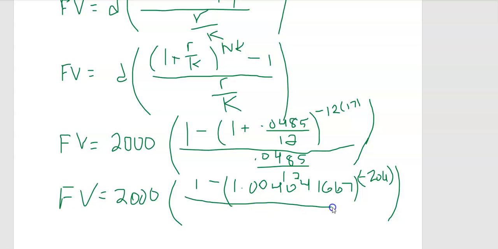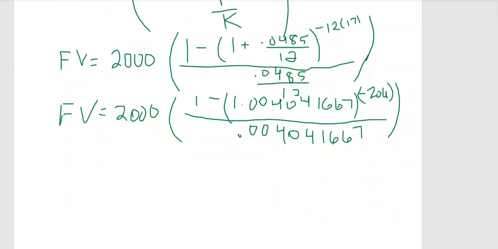All right. And then this part on the bottom is actually the same as this without the 1. So 0.004041667. All right, let's continue from there. Now let's take the 1.004041667 and raise it to the negative 204 power.